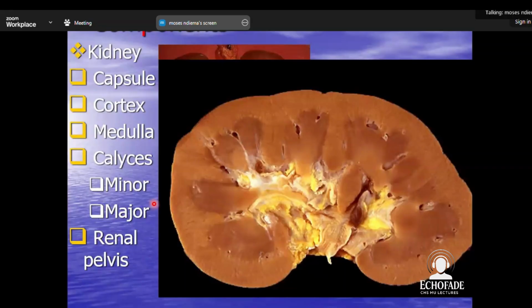That peristaltic activity is because within the minor calyces, we have some specialized muscle structures that act as pacemaker cells. So they initiate that peristaltic activity.